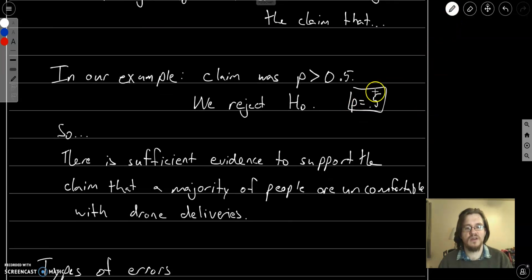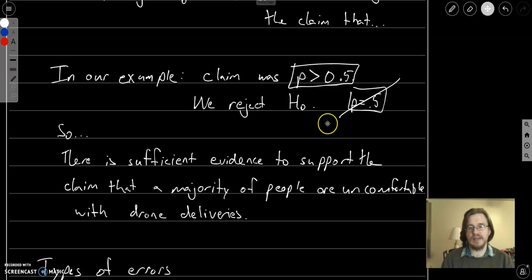So, since we rejected this, we can say that there is enough evidence to support the alternative hypothesis that a majority of people are uncomfortable with drone deliveries. Okay, so because it doesn't include equality, it's got to be this. So we did find enough evidence to support our claim.